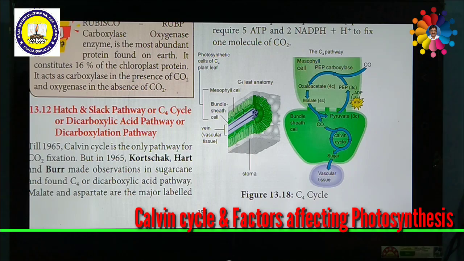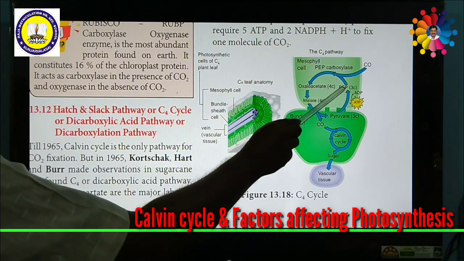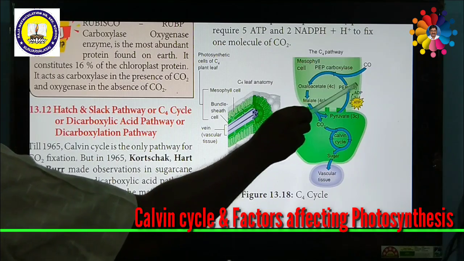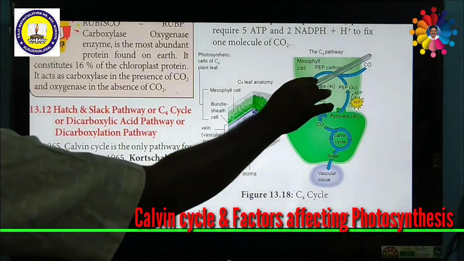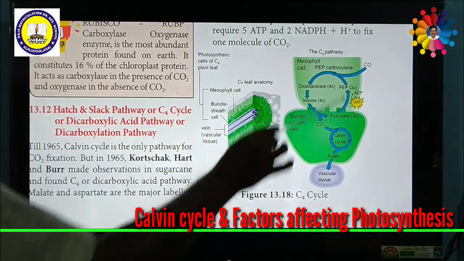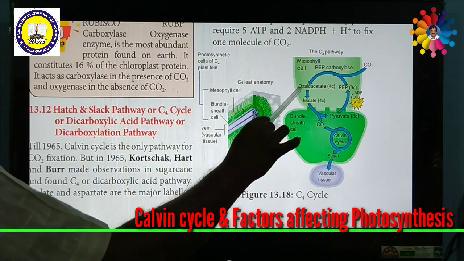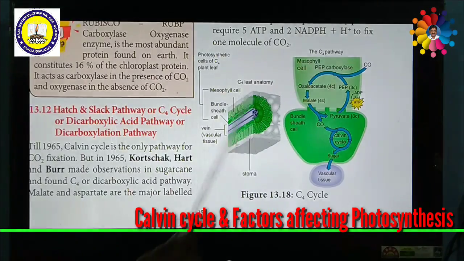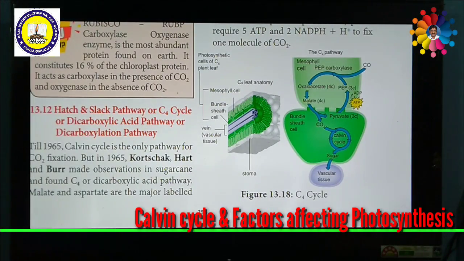Here the carbon fixation takes place by phosphoenol pyruvate or phosphoenol pyruvic acid. This is a 3 carbon compound. This 3 carbon compound of phosphoenol pyruvic acid fixes atmospheric carbon dioxide to form 4 carbon compound of oxaloacetic acid with the help of an enzyme called phosphoenol pyruvic acid carboxylase, PEP carboxylase.